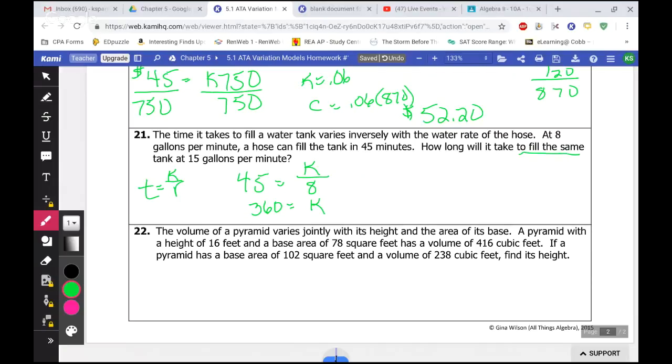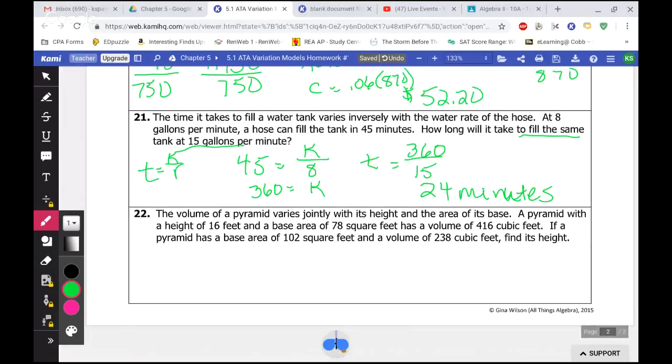How long will it take to fill the same tank at 15 gallons per minute? 360 divided by 15 is going to be our new time. And it's 24 minutes.